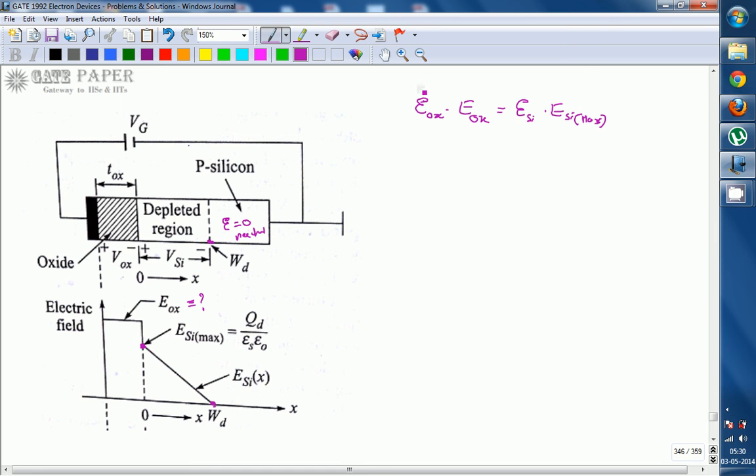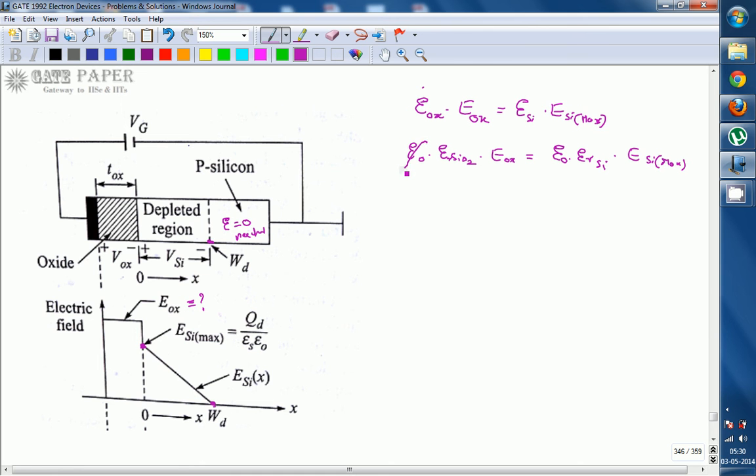The permittivity of oxide is given, and the permittivity of silicon is given. The permittivity of oxide can be written as epsilon naught into epsilon_r of SiO2, into E_ox, equal to epsilon naught into epsilon_r of silicon into E_Si maximum.